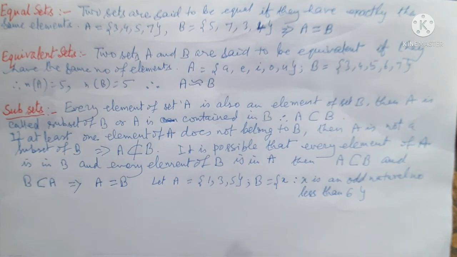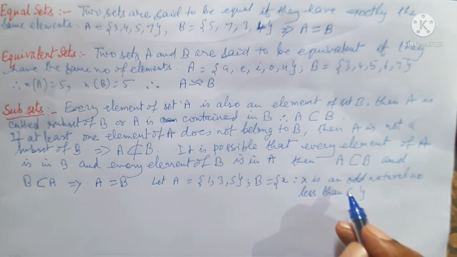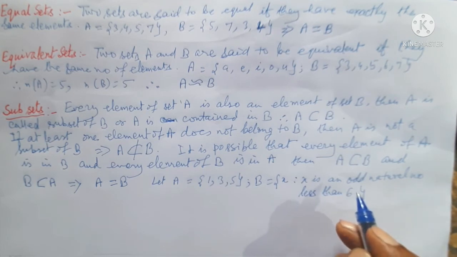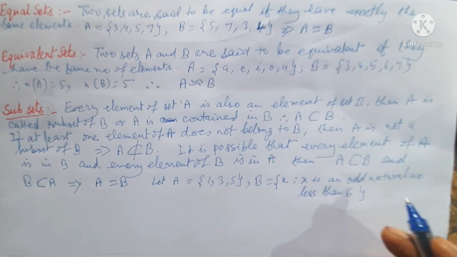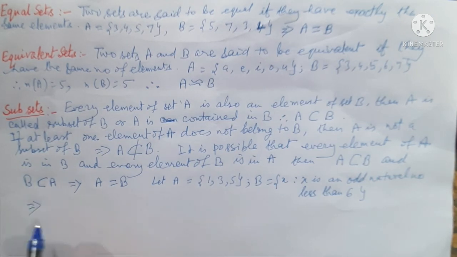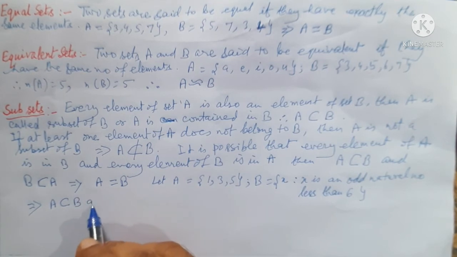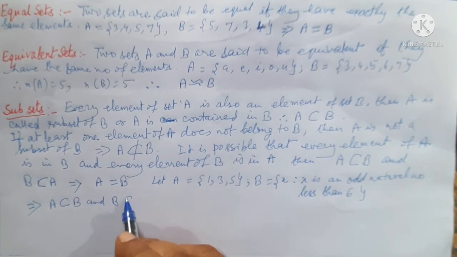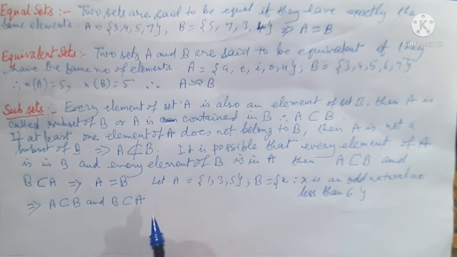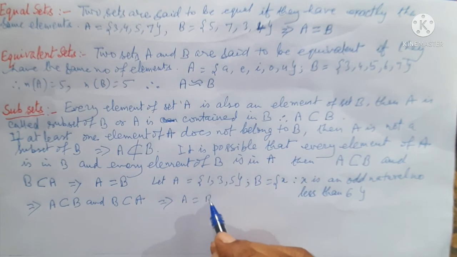It can be only 1, 3 and 5. It means set A is a subset of B. This implies set A is a subset of B and set B is a subset of A. The reason is very clear. This implies A is equal to B.